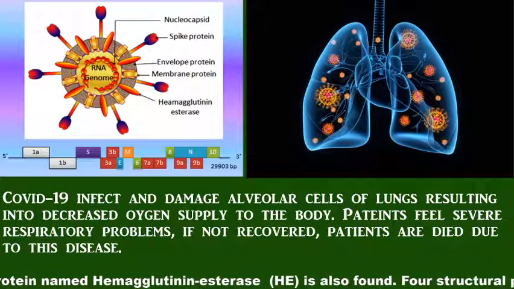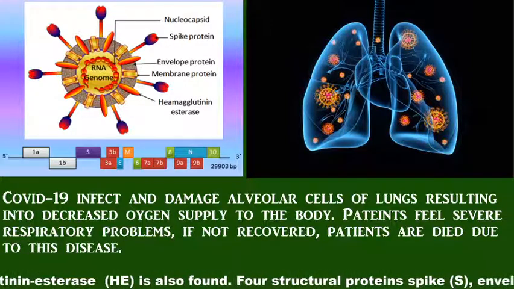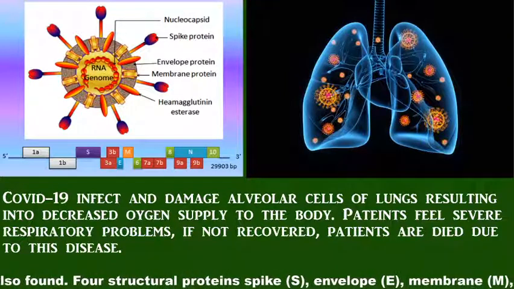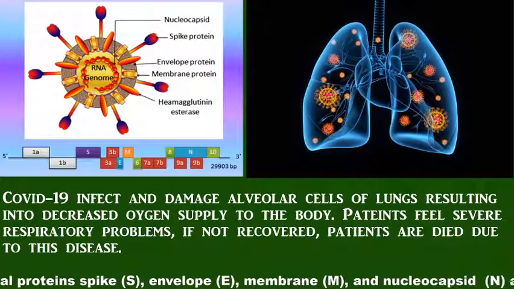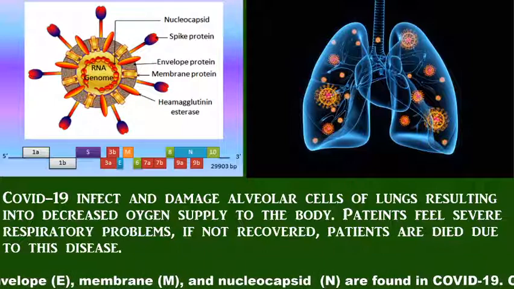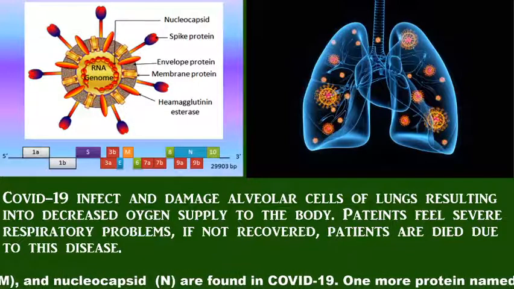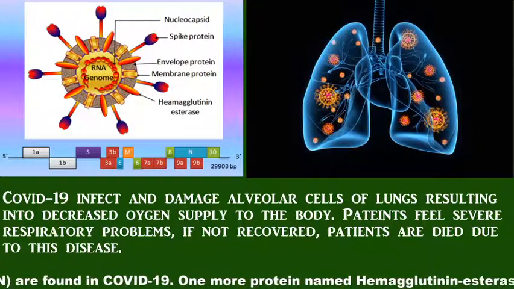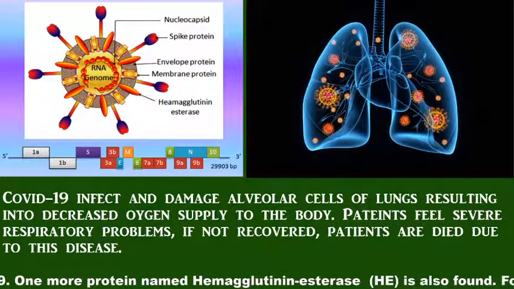For the architecture of a new viral particle, all these structural proteins are required for assembly of new virus. One more protein found in this virus is hemagglutinin esterase.